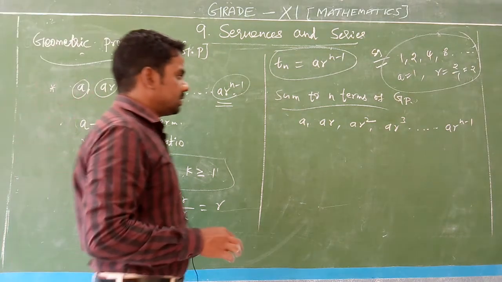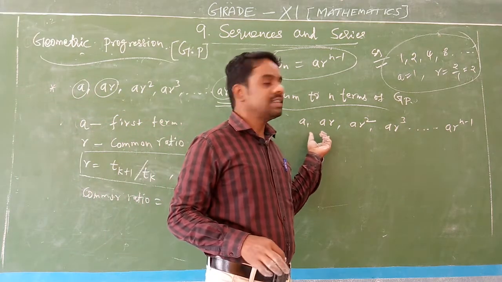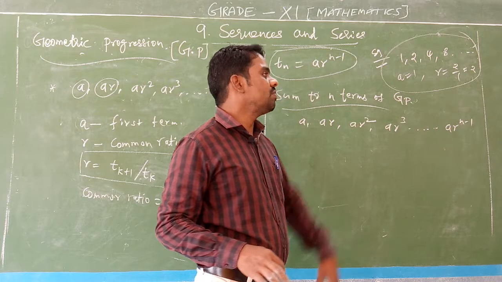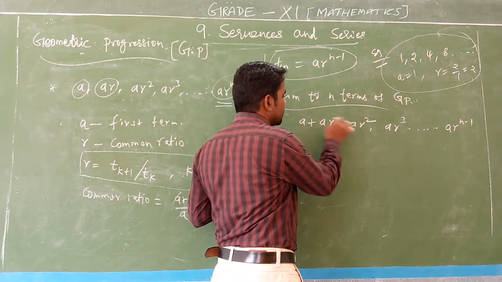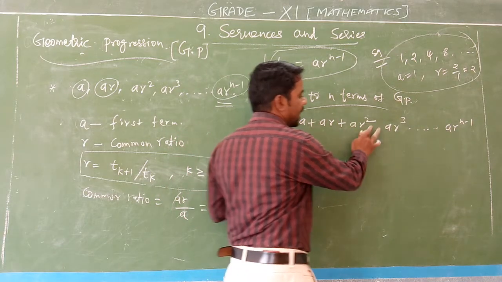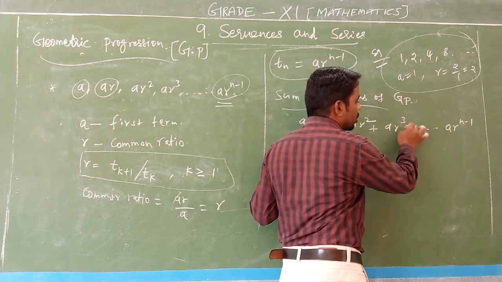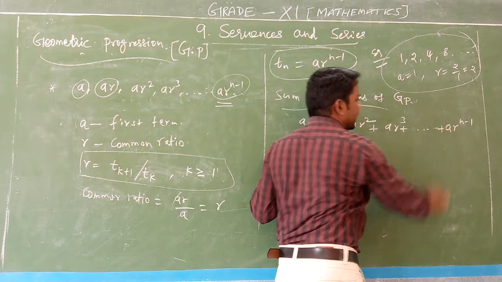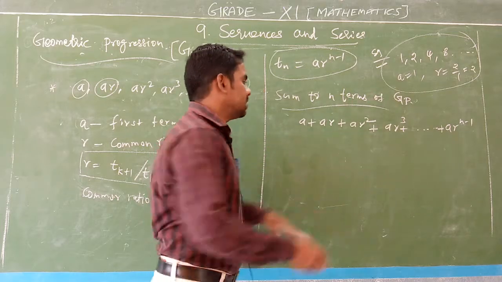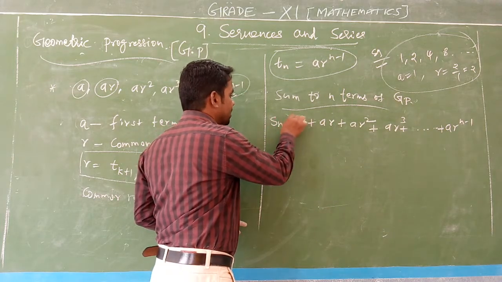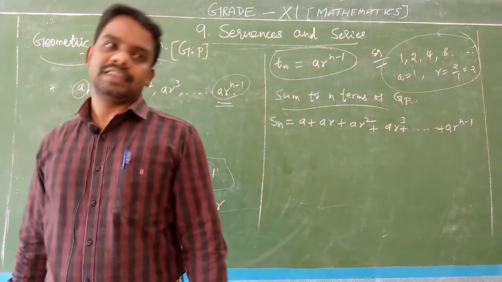Let's take this geometric sequence and find the sum to n terms of GP. So the sum is a plus ar plus ar squared plus ar cubed and so on, plus ar power n minus 1. This is the sum to n terms of GP, that is called Sn.